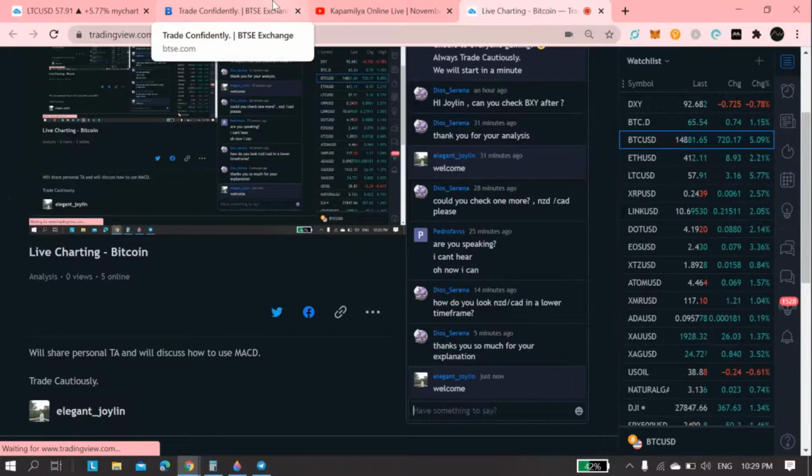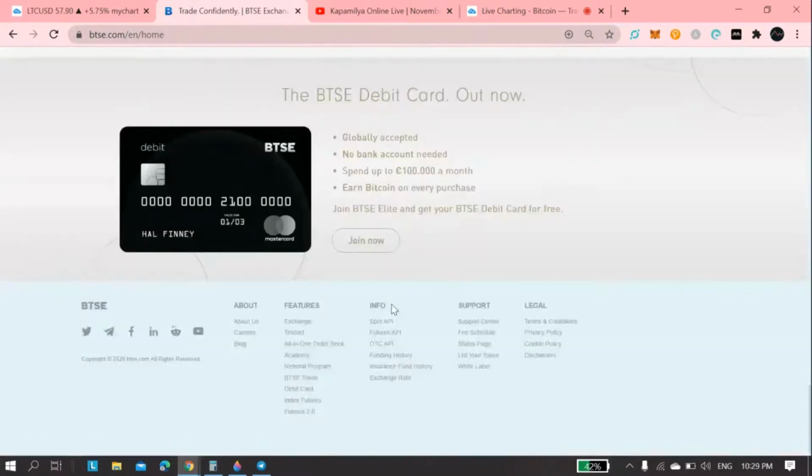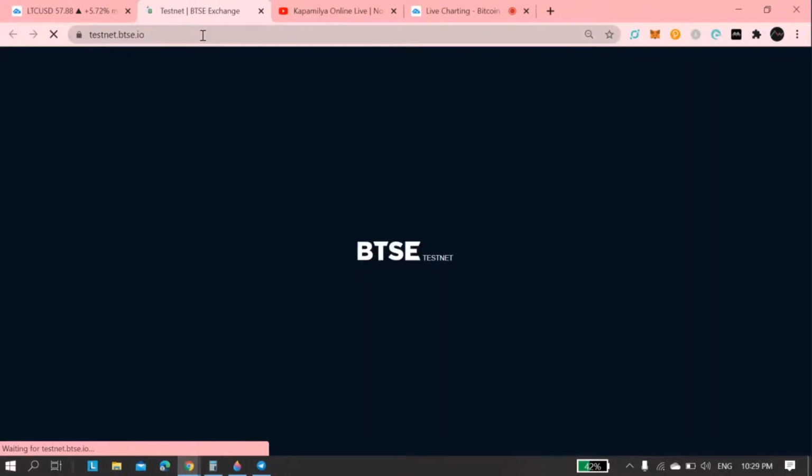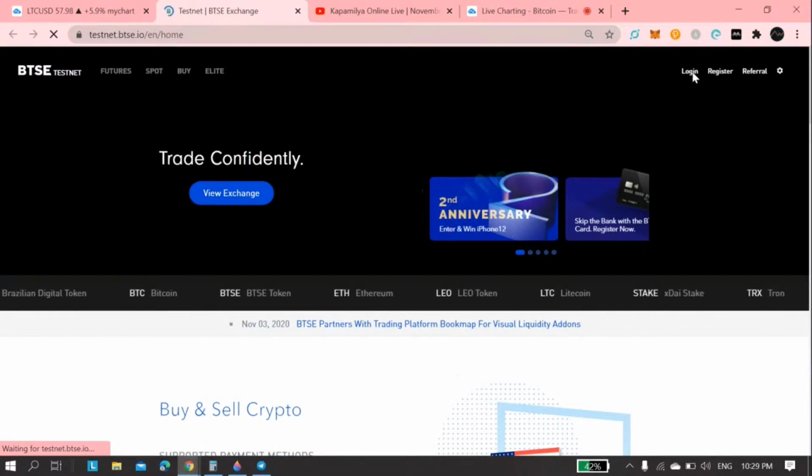Oh, anyway, let's look at what happened to our trade using the testnet. I think I have a long position here during last time. Wait, let me just check it.